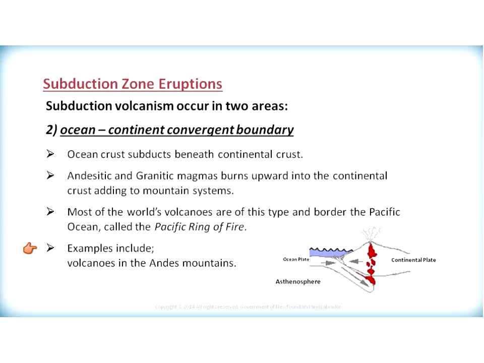Examples of this type of volcanism can be found in the Andes Mountains in South America and also in the Rocky Mountains in North America. So if we look at the diagram to the right, we see we have an ocean plate subducting beneath the continental plate.